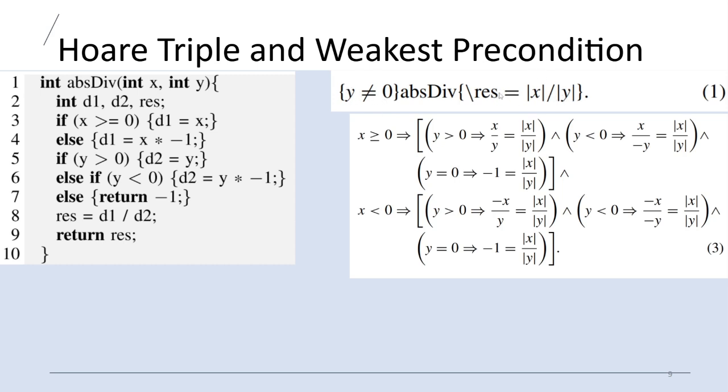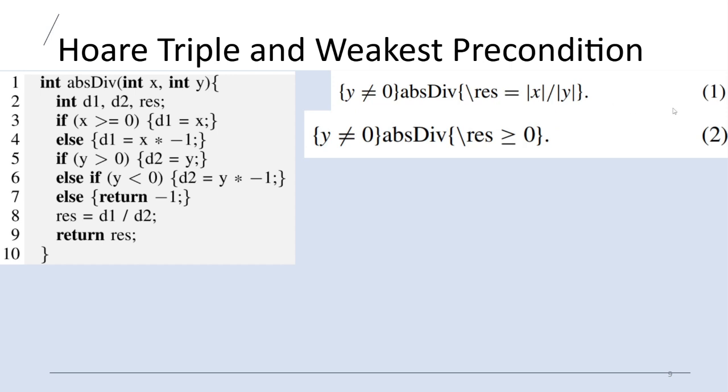So the function will be correct, because the weakest precondition is the same as the precondition.